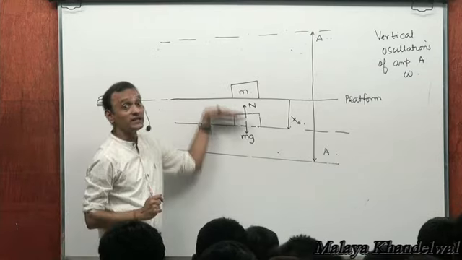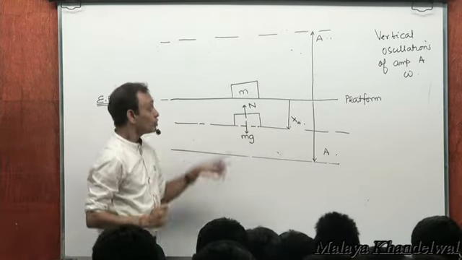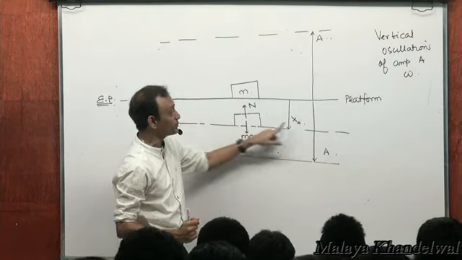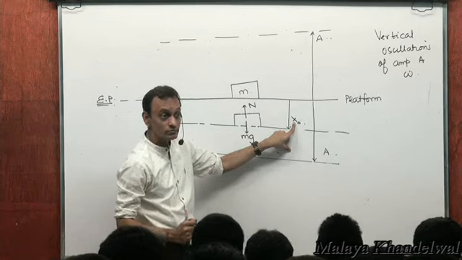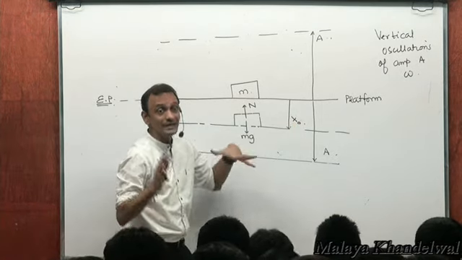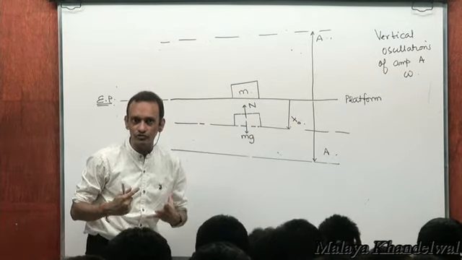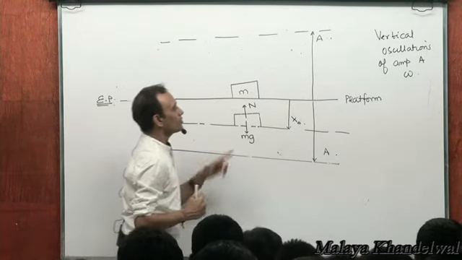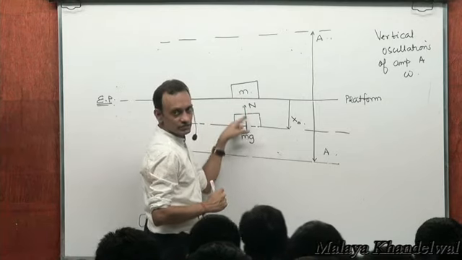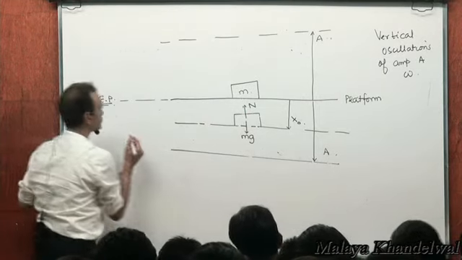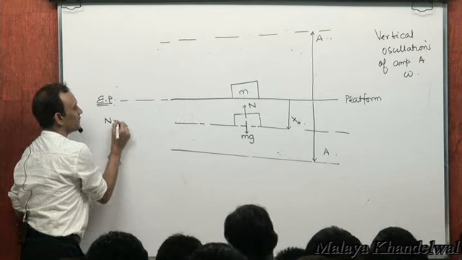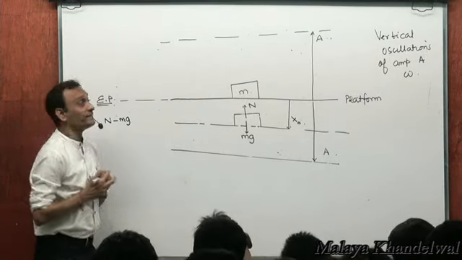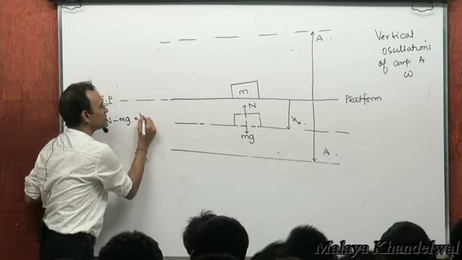In order that M executes simple harmonic motion, the net force acting on it towards the equilibrium position must be proportional to x naught, some k times x naught, where k is the force constant. So the net force towards the equilibrium position is N minus mg, and that must be k times x naught.